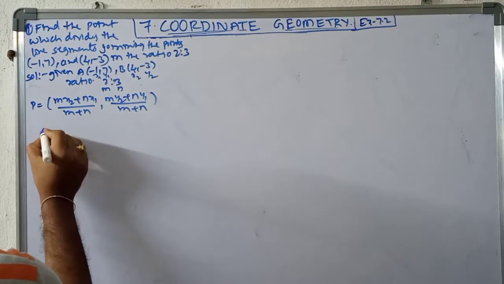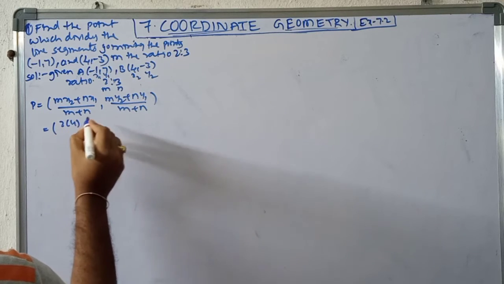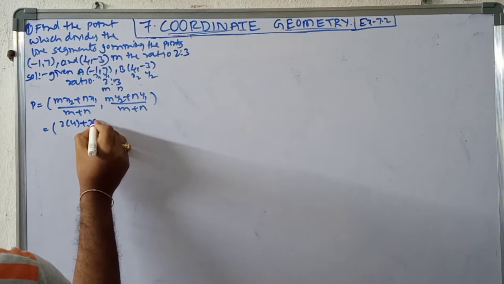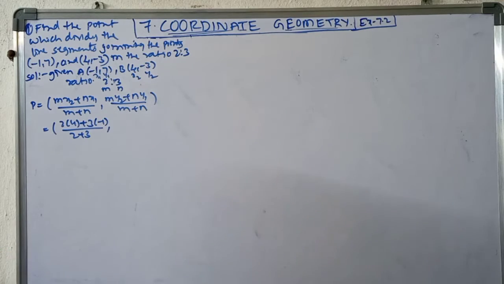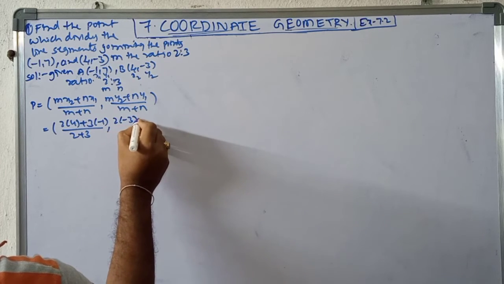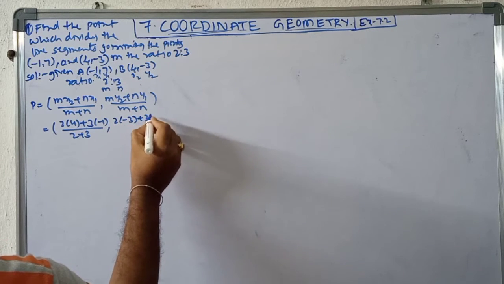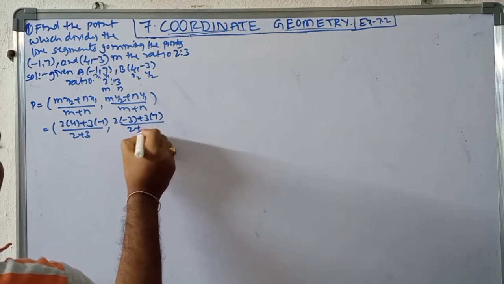This is the formula. m is 2 into 4, n is 3 into -1, over 2 plus 3, comma, m is 2 into -3, n is 3 into 7, over 2 plus 3.